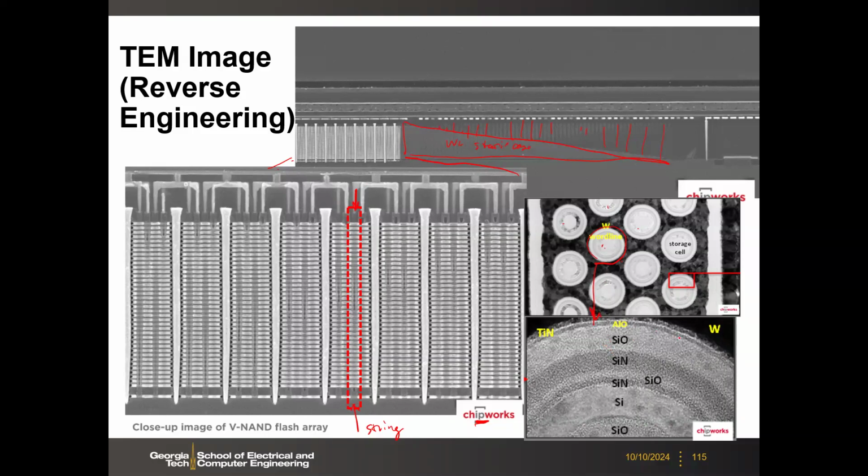So you see here the tungsten. Those are the tungsten metal word lines, okay. And then there's some titanium nitride layer, aluminum oxide layer, and then ONO. This is a charge trap stack, and then this is a polysilicon channel, and then the core is silicon dioxide.